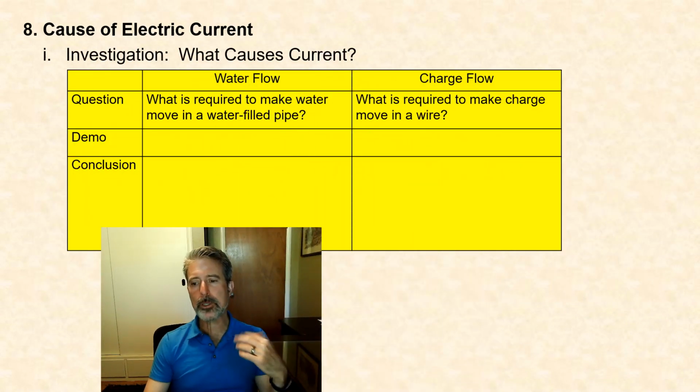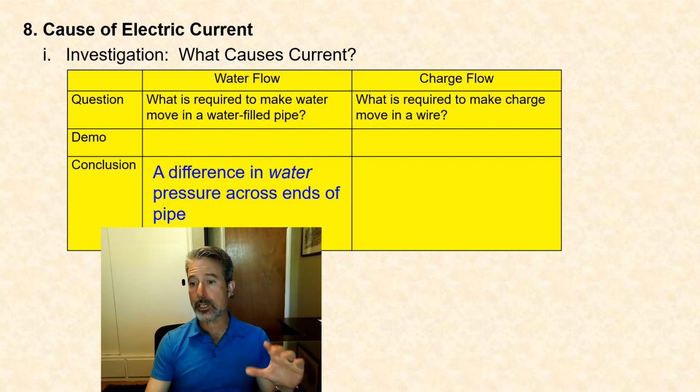In this slide, we'll put the lessons into words, formally stating the conclusions that we came to in the previous demonstration. So when answering the question, what is required to make water move in a water-filled pipe, we see that it's not pressure per se, it's a difference in water pressure across the ends of the pipe that makes water move from the high pressure side to the low pressure side.